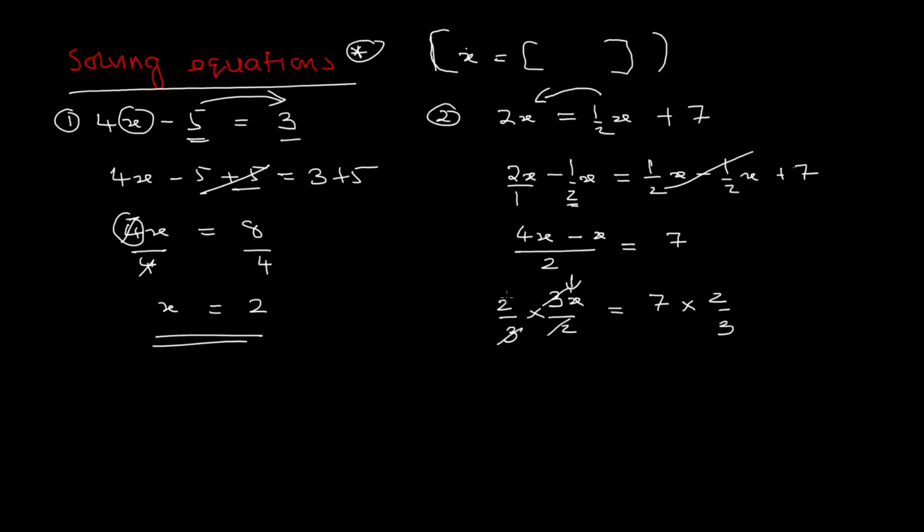So these cancel. I have my x, and then here I have 14 over 3, like that. Okay, let's go to the next page. We look at this equation from the next page.